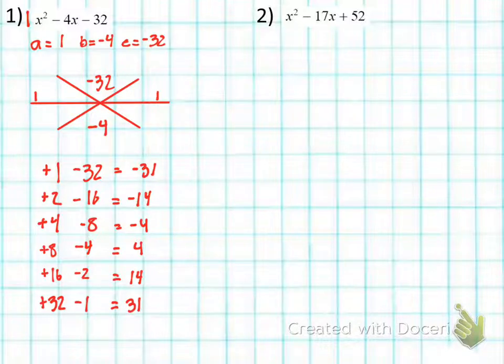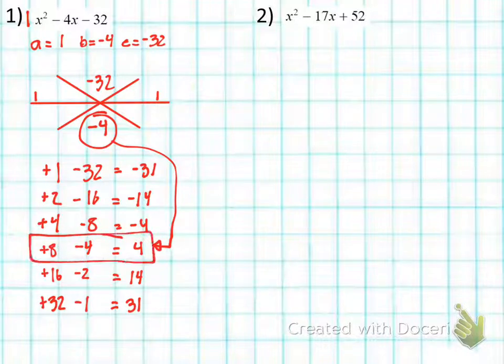Now, I'm trying to find a sum that adds up to negative 4. You can see that negative 4 shows up right here on this row. So we're going to use these factors of positive 8 and negative 4. I'm going to put positive 8 here and negative 4 right here.